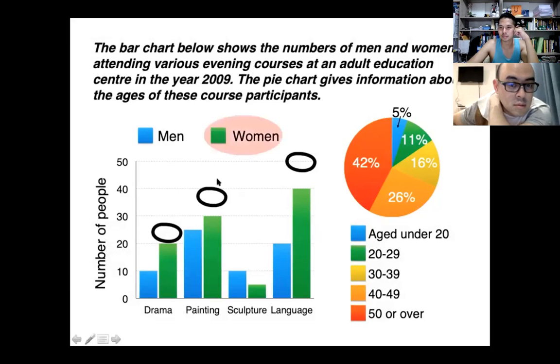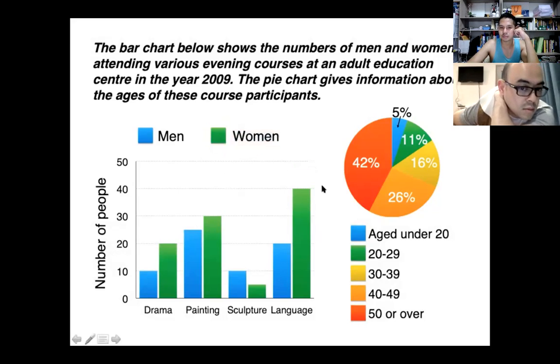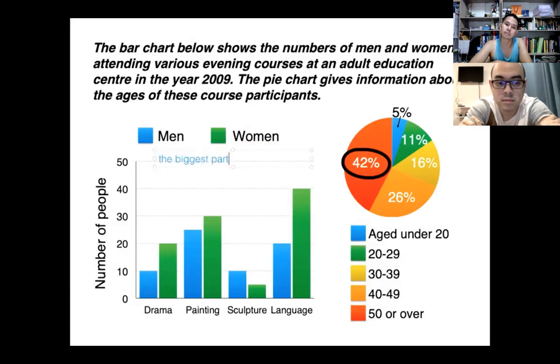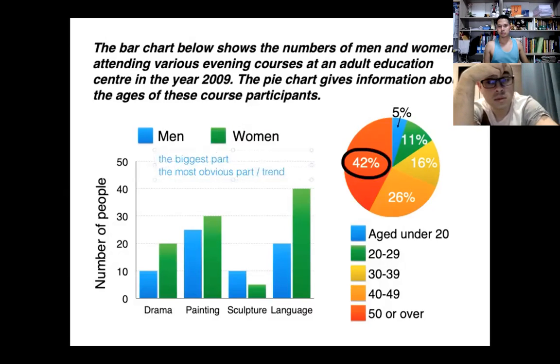And they are all women, right? And 42. Usually the overview, you will describe the trend, the most obvious trend, or the biggest part, the most obvious part. Or most obvious trends. So these are the things that you should notice.